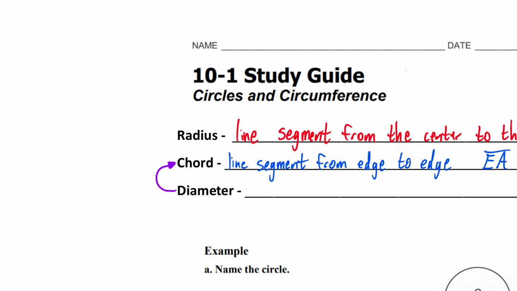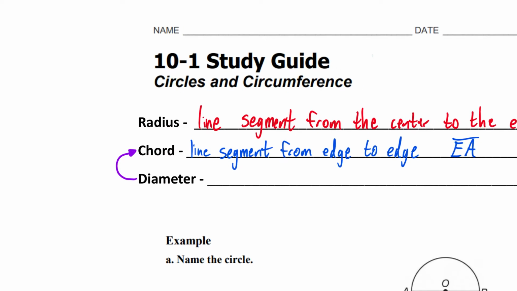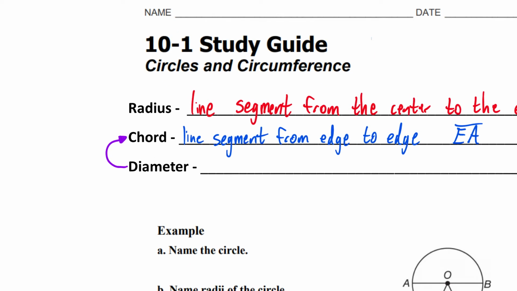A diameter is a chord, but it's a specific type of chord. What more do you have to say about it? Down the center. Okay, good. It's a chord that goes through the center. So the diameter is a chord that goes through the center.